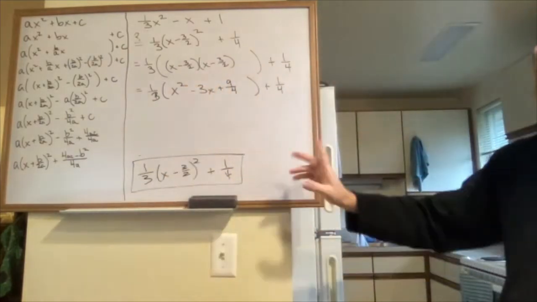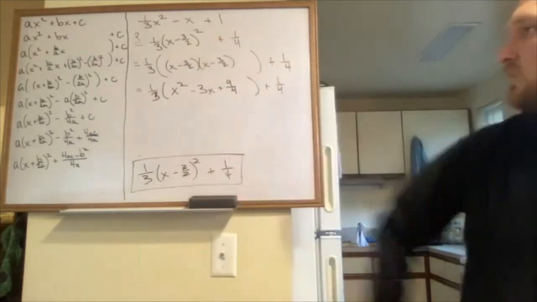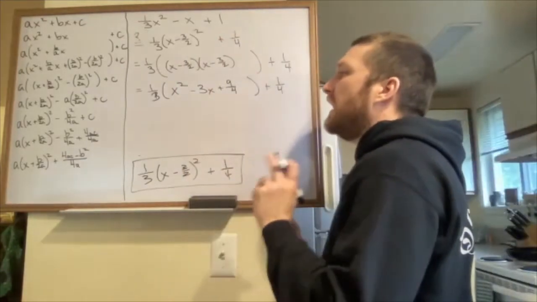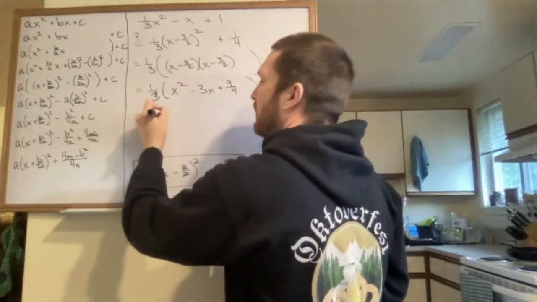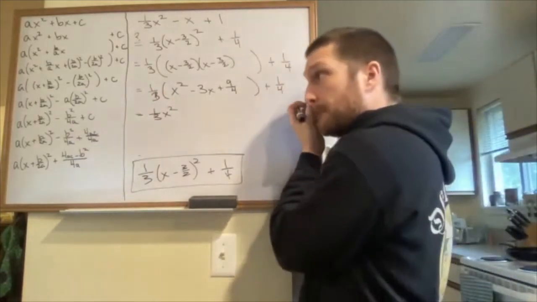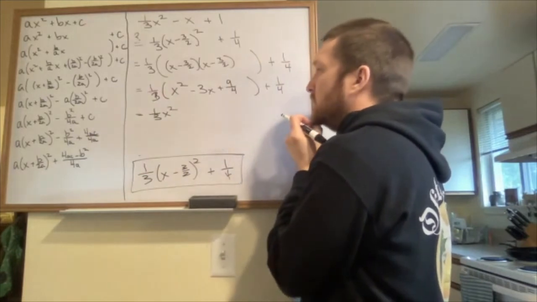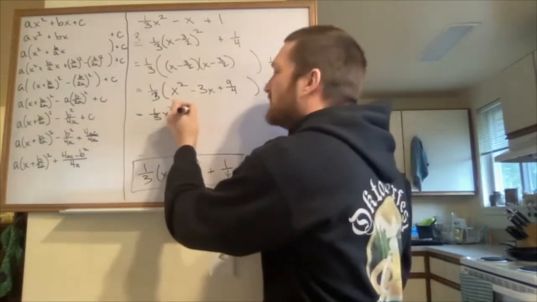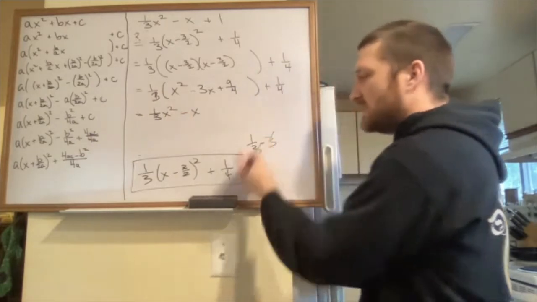Okay, so again, haven't changed anything. It looks different, just multiplied it out. Still the same thing as what we started with. Now let's multiply that 1/3 back in and see what we get. 1/3 x squared. Then what? Minus x, yep, because the 3 times the 1/3, the 3's cancel.